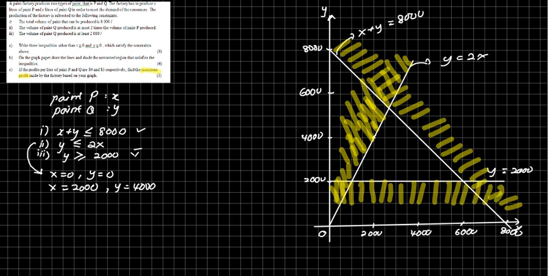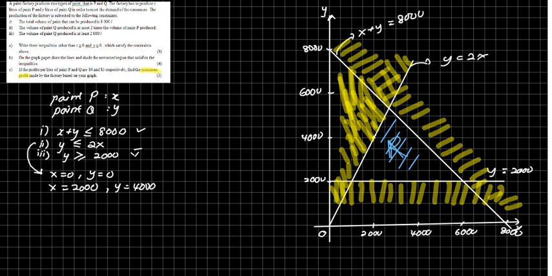As you can see on the graph, you have a triangle. I'll mark the boundary in blue. This region R is the area that satisfies the inequalities.